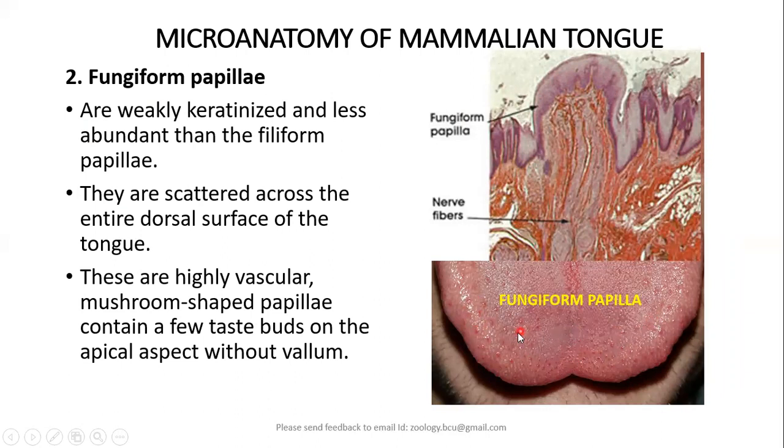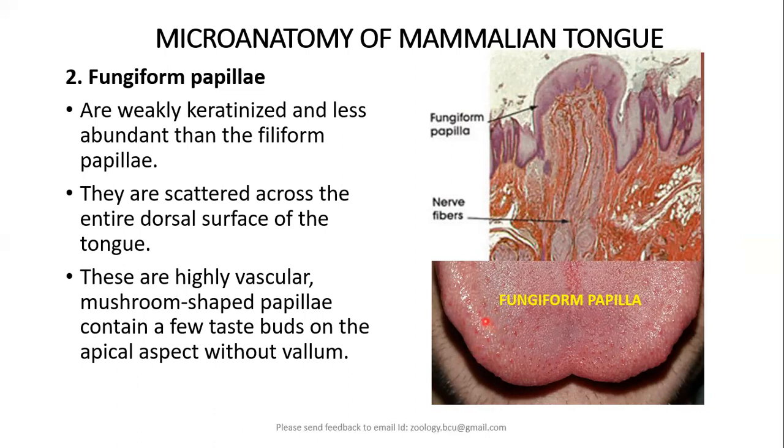The red dot-like structures here on the dorsal surface of the tongue indicate the fungiform papillae, whereas this white color structures around the fungiform papillae are the filiform papillae. So thereby, as you see here, the fungiform papillae are less in number when compared to the filiform papillae.